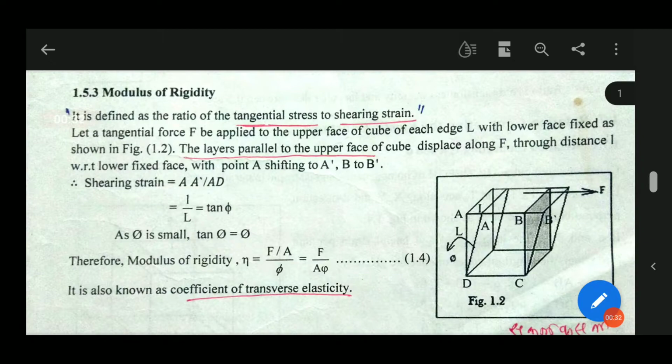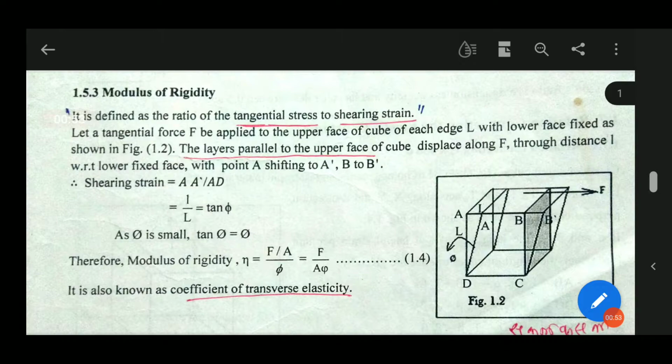Let a tangential force F be applied to the upper face of the cube. In this diagram, A, B, C, D is the cube. We apply a force to the upper face of the cube.